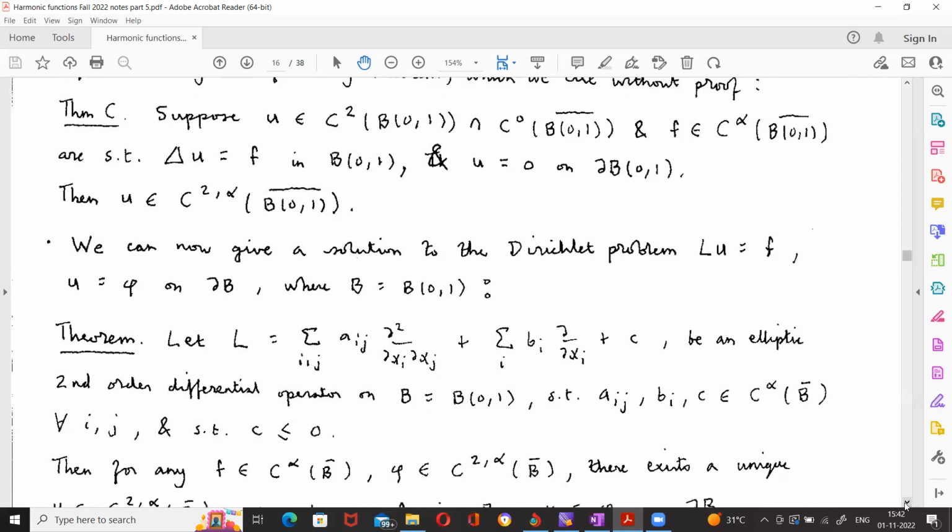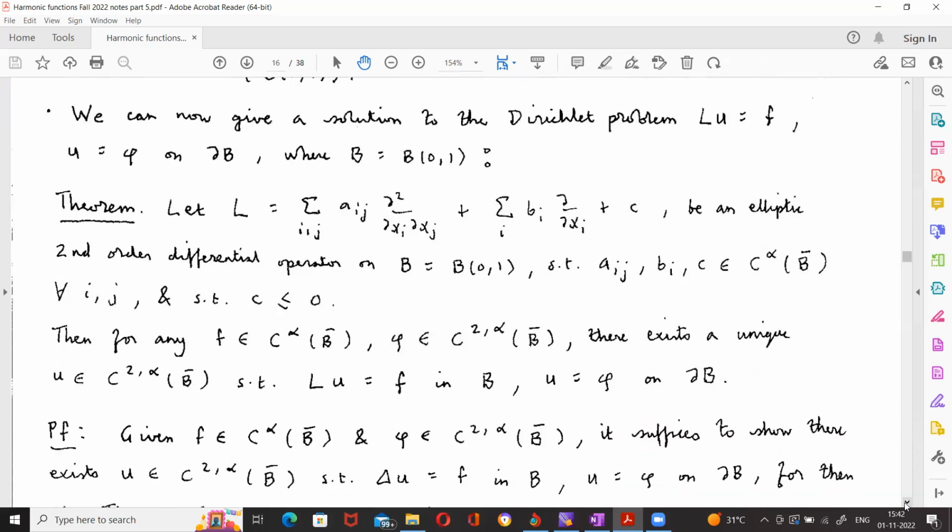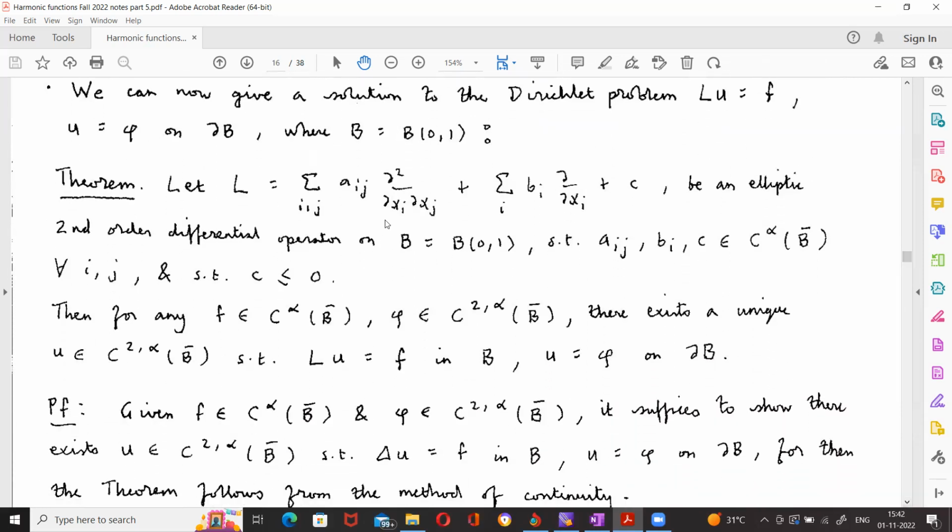So now we can prove the following. Let L be an elliptic second order operator where the zeroth order coefficient is less than or equal to 0. And this is on the unit ball.